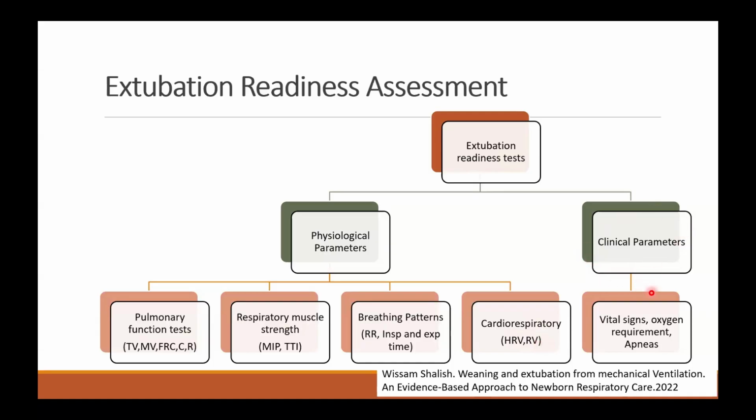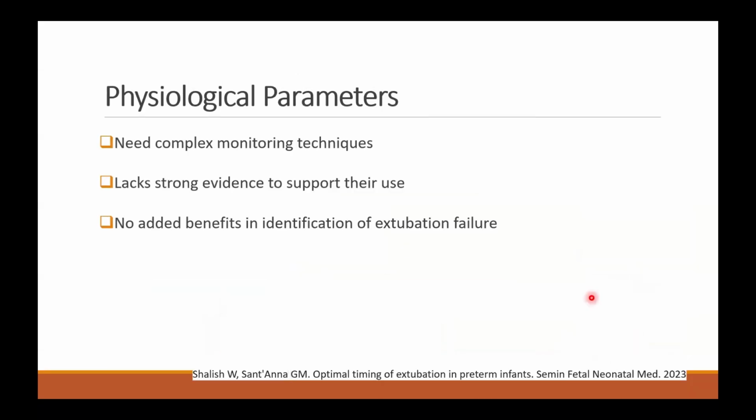And then there are clinical parameters, which include vital signs, oxygen requirement, and apnea. When it comes to physiological parameters, none of them have been found to be effective. Most of them need complex monitoring techniques, and there is a lack of strong evidence to support their use, and there is no added benefit in identification of extubation failure.